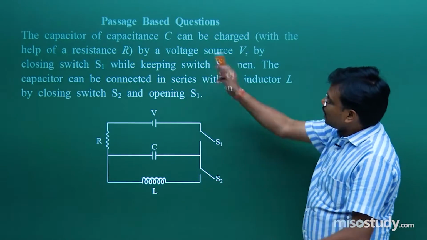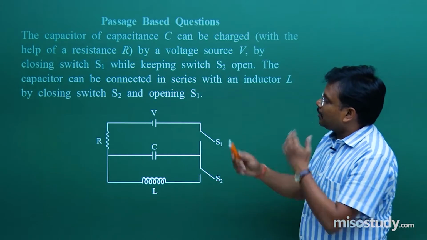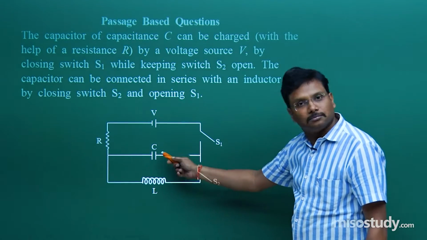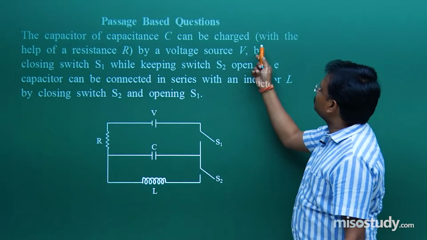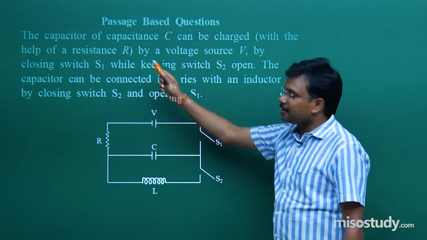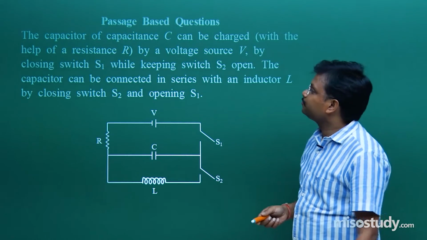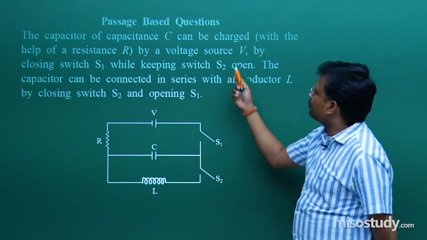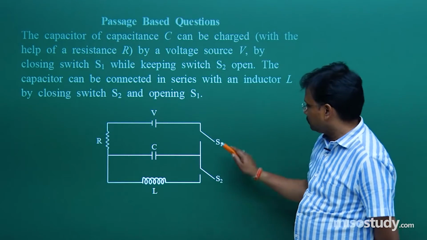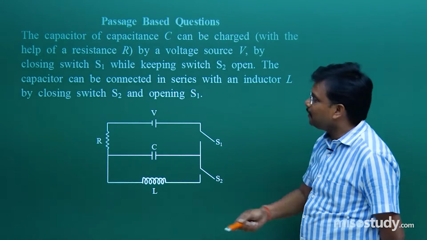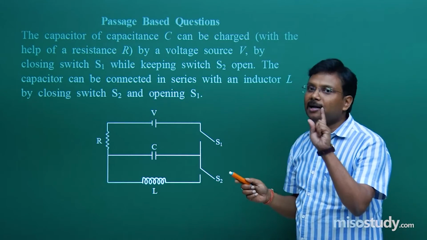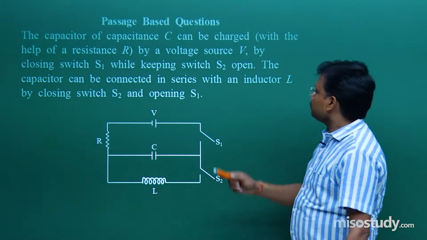Now come on to the paragraph. The capacitor of capacitance C can be charged with the help of a resistance R by a voltage source V by closing switch S1, the way I explained, while keeping switch S2 open. That is situation number 1.